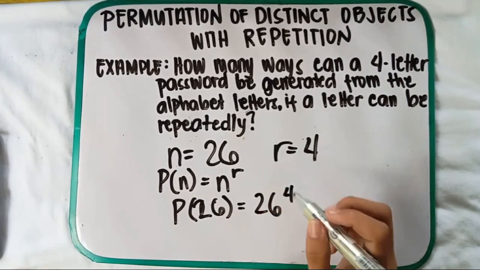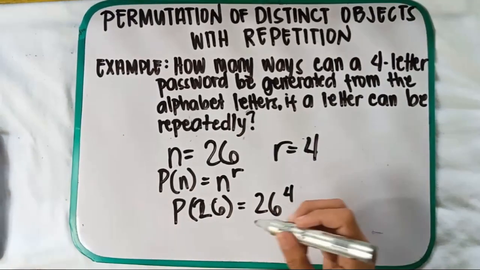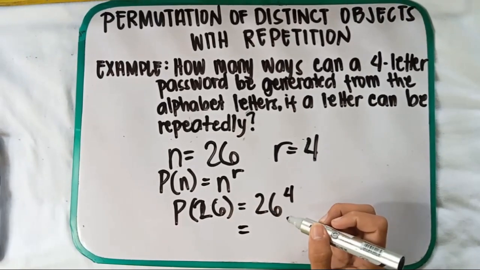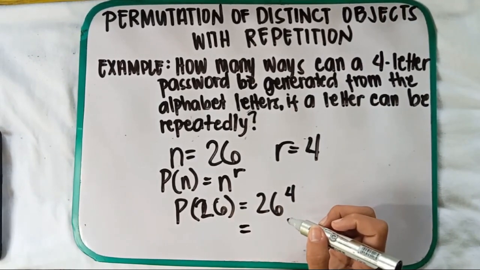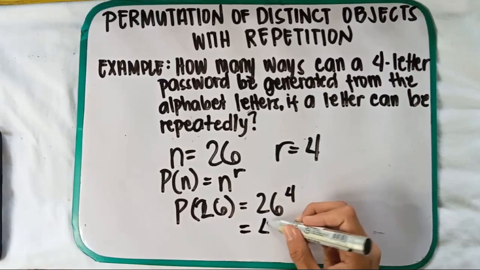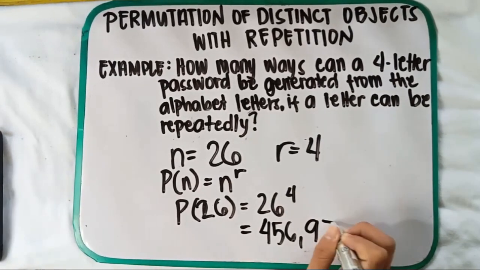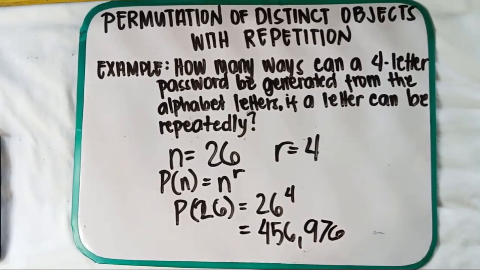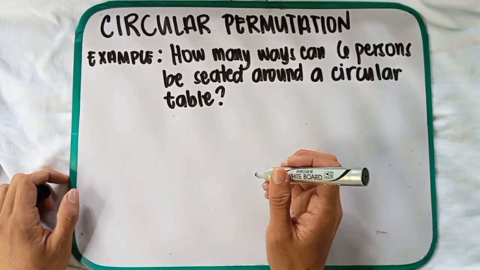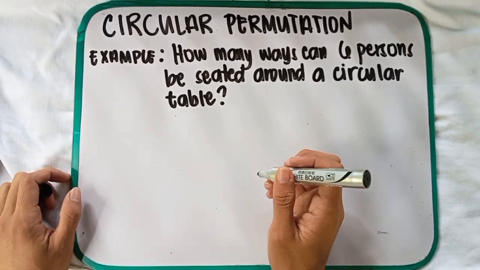Let's simplify. 26 raised to 4 is equal to 456,976. Now, the third type of permutation is circular permutation.